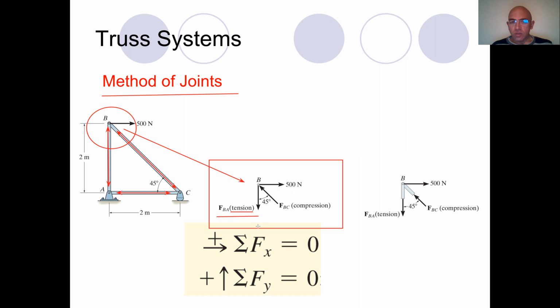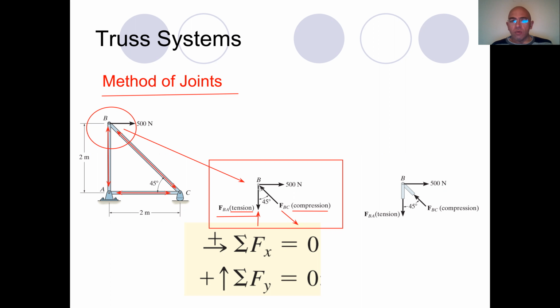Of course, you can take the force compressive, but this is not generally preferred. This may cause some confusion. Then the force has to be directed to the pin. This means that the force on the truss element is in opposite direction. So this is how we draw the free body diagram of the joint at point B.